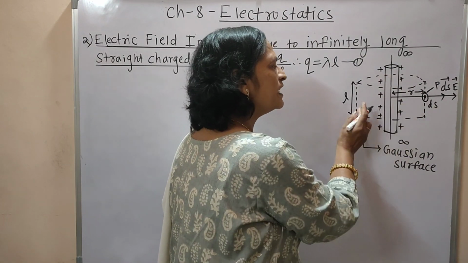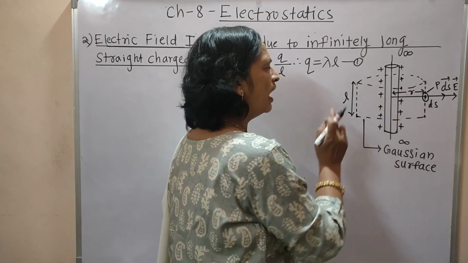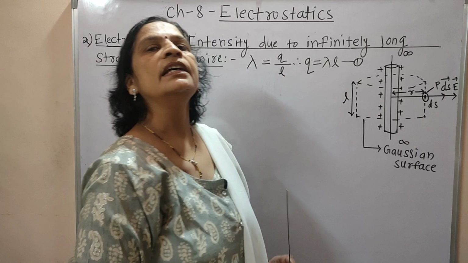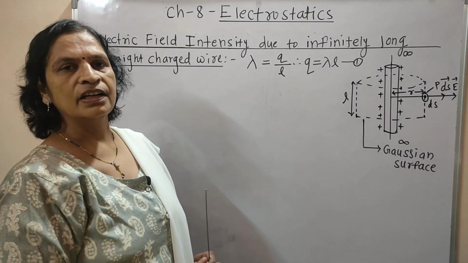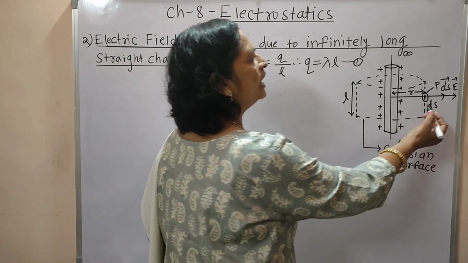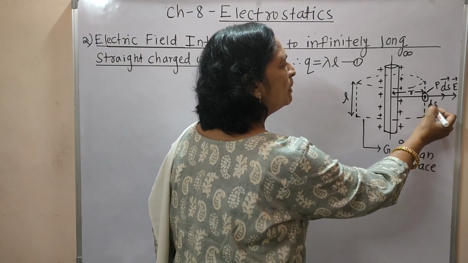This Gaussian surface has radius small r, and L is its length. Understood? We have to find the intensity at a point P, and at point P, ds is a small area.